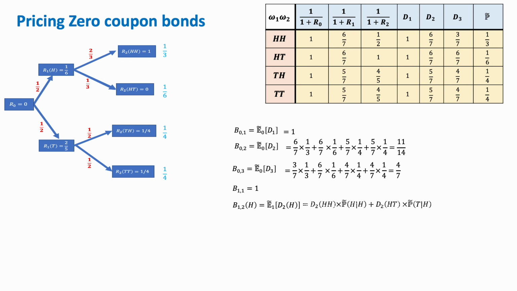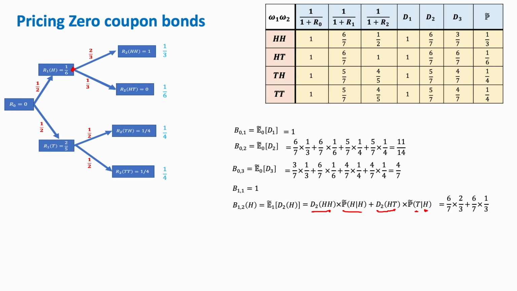So we can essentially do the math here, right? So this is just D2 in the case that we have HH, times the probability of getting another H, given that the first coin toss was a H. That's what this is telling us. Plus the value of D2 under this state, HT, times the probability of getting a tail, given that the first coin toss was a head.